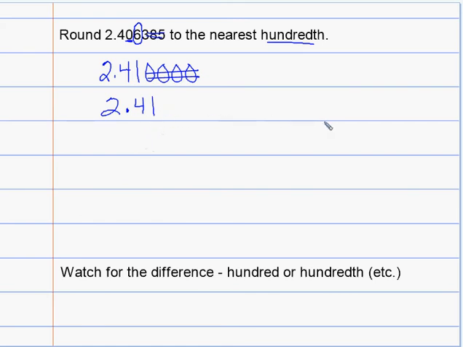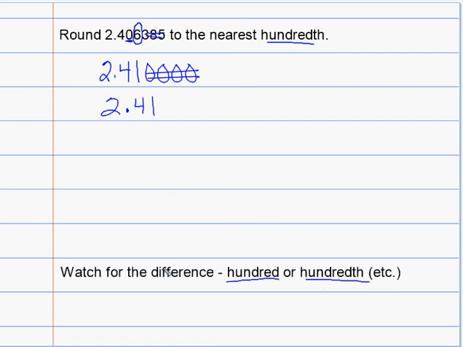So trailing zeros are not needed. In fact, you need to get in the habit, if you have trailing zeros and there's no additional number, that you do not put the zeros there. You need to also watch out for the difference between the number 100 or hundredth.